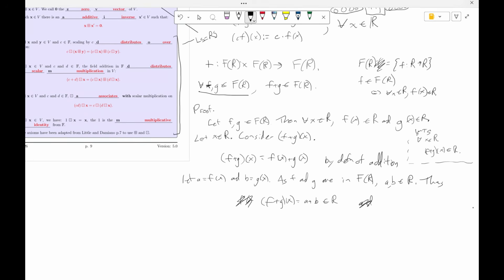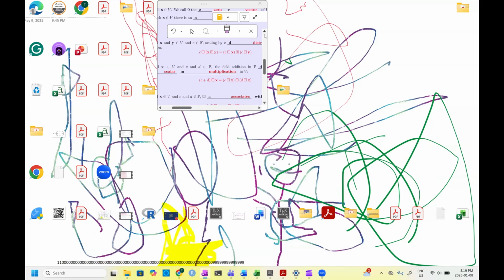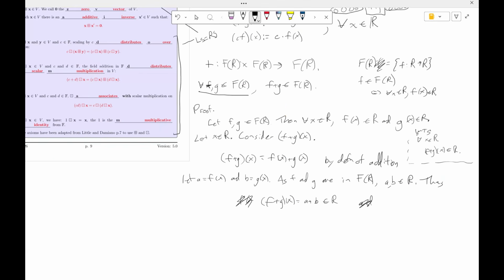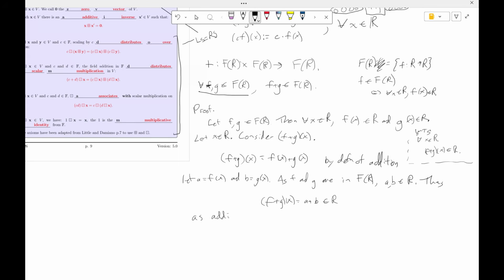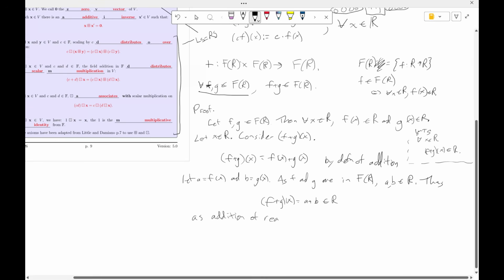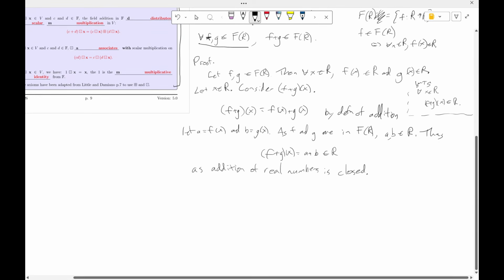addition of real numbers is closed. This means that the output of (f plus g) of x is in R. Okay?